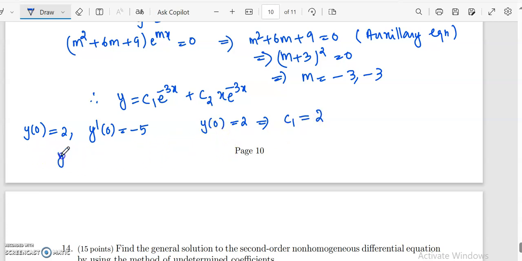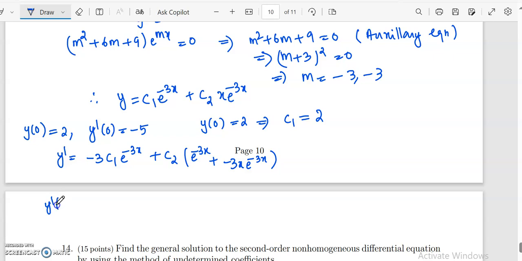Now let us take the derivative of this. y dash will be minus 3 c1 e raised to minus 3x plus c2. Here we will have the product rule. So we have e raised to minus 3x plus minus 3 x e raised to minus 3x.